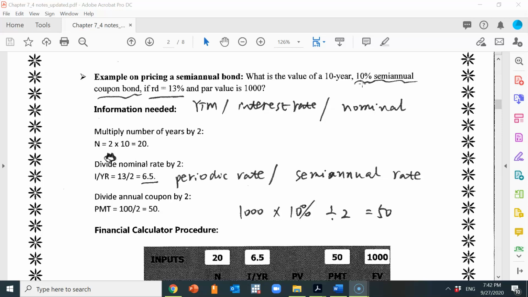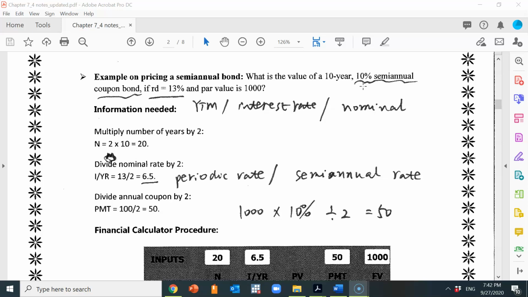People might get confused, but please remember, any wording like this means that 10% is the nominal annual rate, the nominal annual coupon rate.